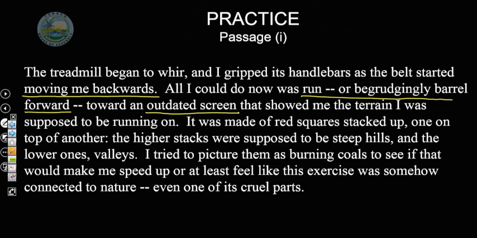Additionally, he makes a comparison that gives you an idea of how he feels about this exercise. He spoke about the red squares, and he pictured them as burning coals. And burning coals are not pleasant, unless you're going to use them to cook meat, barbecue, and then the eating of it would be pleasant. But the actual burning coals, there's nothing really pleasant about that.